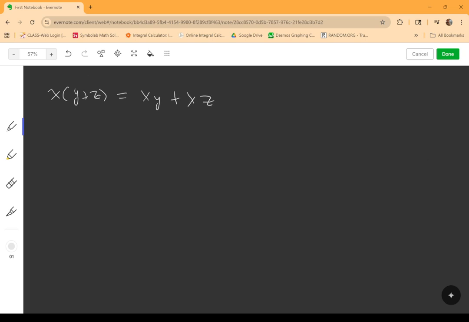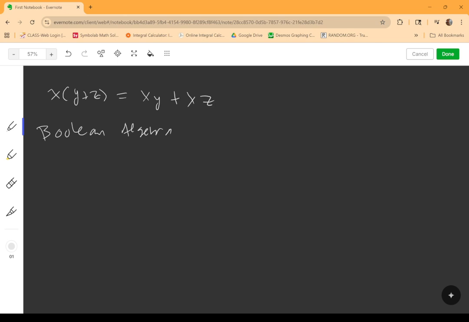Now when we talk about Boolean algebra, our variables aren't representing real numbers or just numbers in general. Our variables represent propositions with values that are true or false.